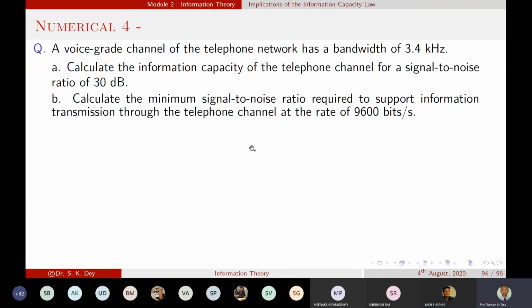Sir, why are we using 10 log 10? Why not 20 log 10? That's what I told right now. As I told, when we convert any variable's value into dB, there are two expressions. The first is 20 log 10 base that variable x, the quantity.